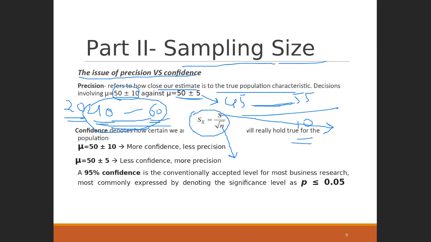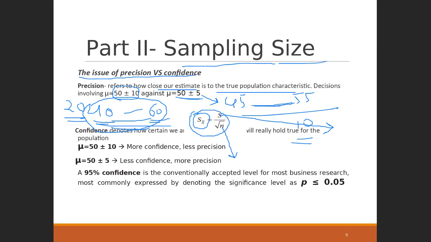And Sx indicates the standard error, or the extent of precision offered by the sample. Note that standard error varies inversely with the square root of the sample size. Hence, if we want to increase the precision of our sample, we need to increase the sample size as well.